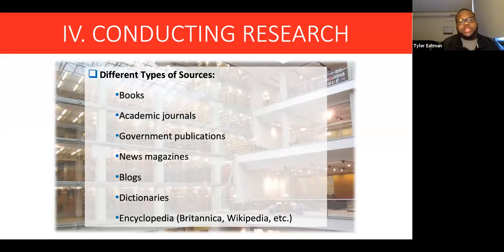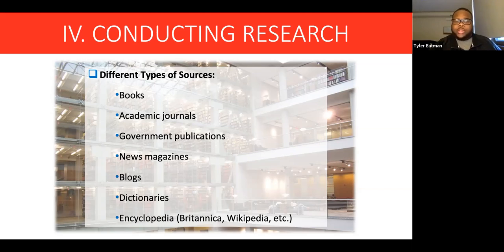So there are different types of sources when trying to conduct research. There are books, academic journals, government publications, news magazines, blogs, dictionaries, encyclopedias. I would say steer clear of encyclopedias because you have to see if they're credible sources, especially things like Wikipedia, which is not really a reputable source when trying to do research for some of your papers.